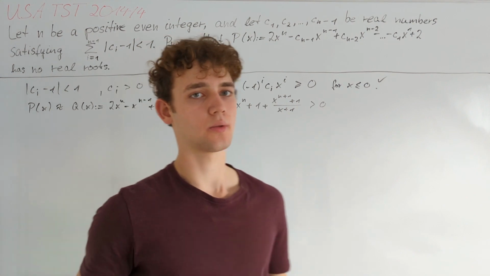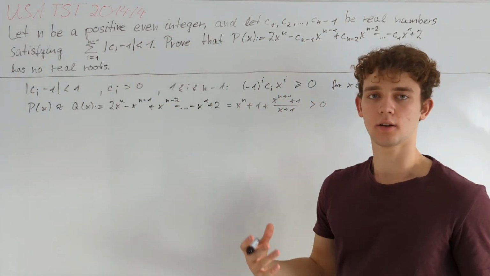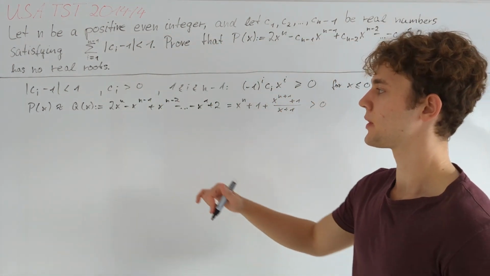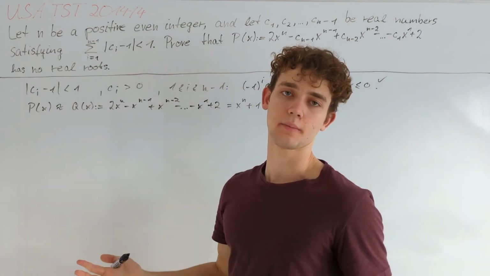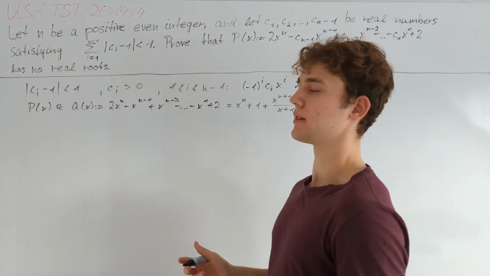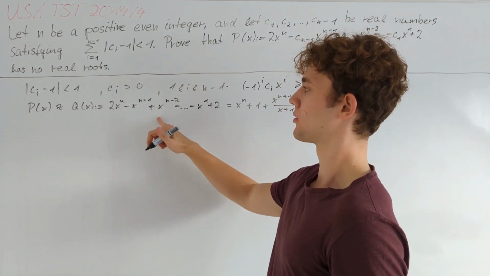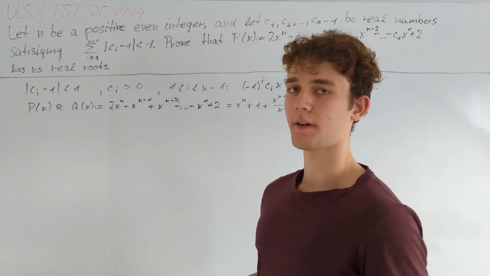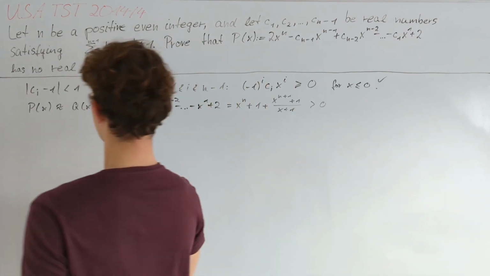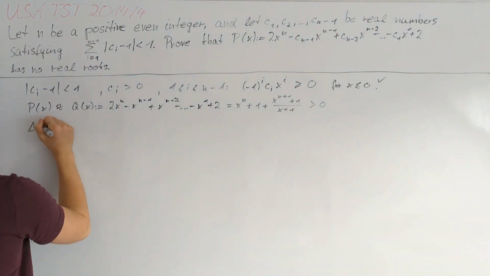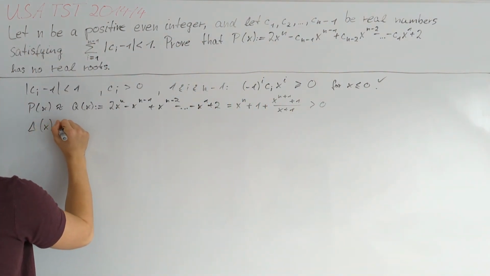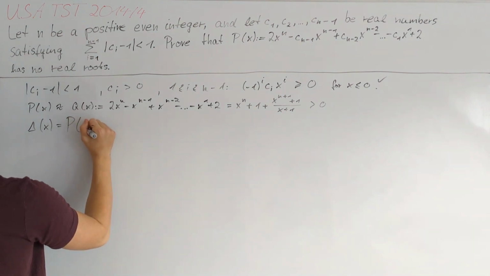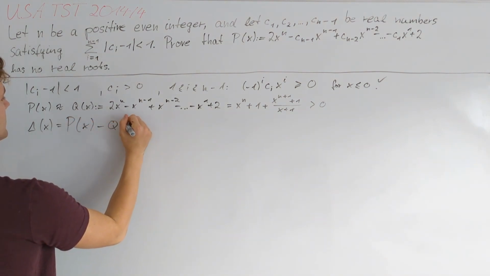Now this is not quite what we wanted to prove, but already quite nice, because we have said that p of x is at least similar to q of x in terms of its coefficients. To capture this similarity, we will define a third polynomial, let's call it delta of x, by p of x minus q of x.